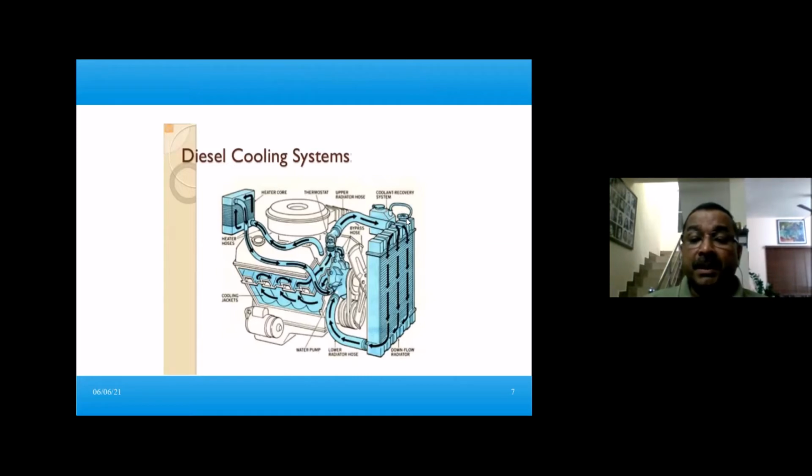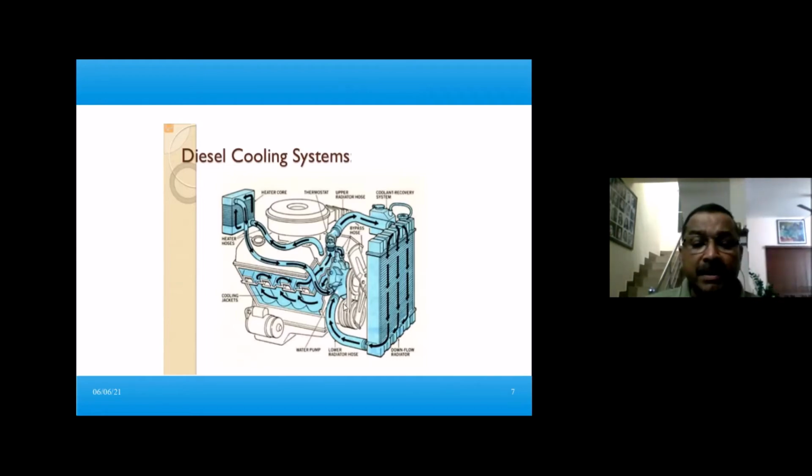From there, it will get into the radiator, run through the radiator, and go to the engine. From there, it will circulate through the engine, and again get into the radiator and get cooled. Like this, the engine will be continuously cooled off.